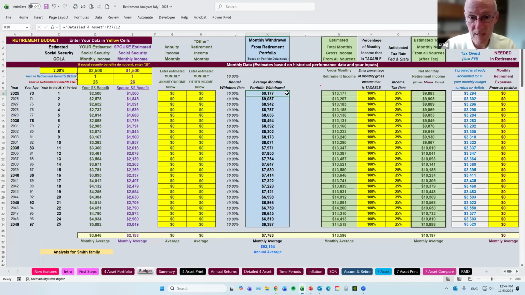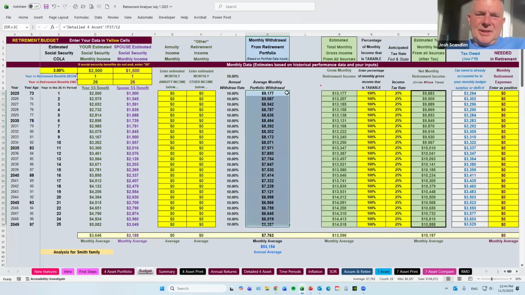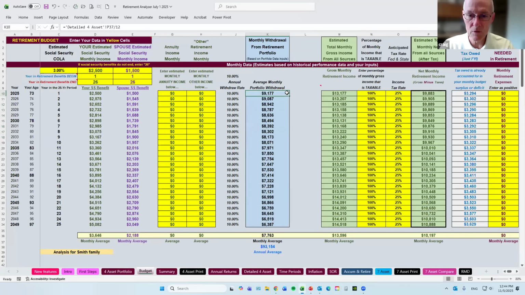Now look what's happening. It's going down. The other one was going up. And so you're front loading your withdrawals because that's when you want to spend the money. And by year 10, your average withdrawal was 8,000, let's call it 8,000 even, whereas it was 7,600 before. So they're starting to converge.